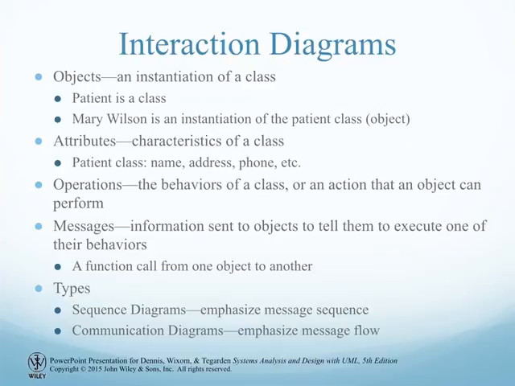The return value then is going to be either the date of birth or an actual age in days or years or whatever. So that would be the messages that are getting passed back and forth. Sometimes messages are entire objects themselves. Like, give me a new instance of a patient class, and then it'll send an entire new instance over. But that is what is being sent essentially. The messages are whatever data or other classes are being sent in between the two classes.